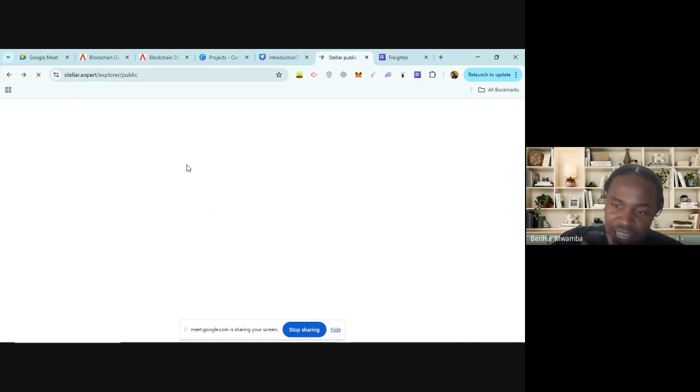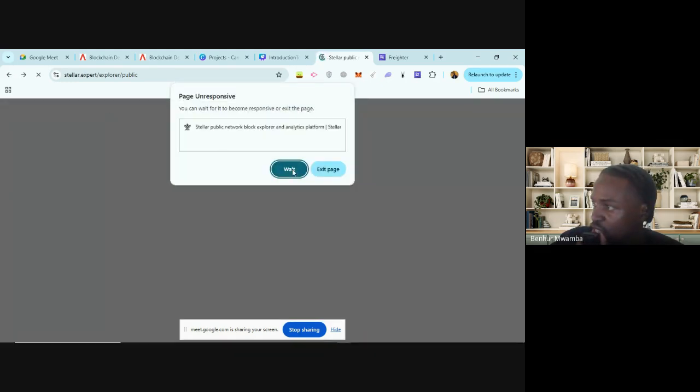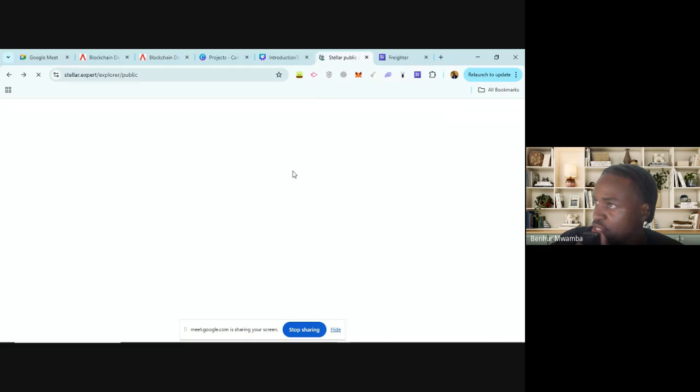Yeah, so here in Stellar Expert, you can see transactions.